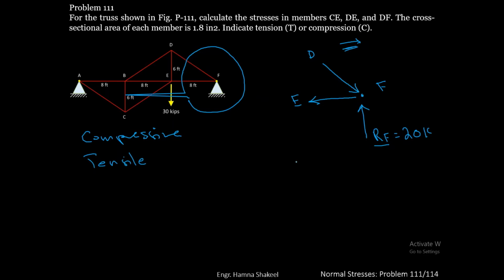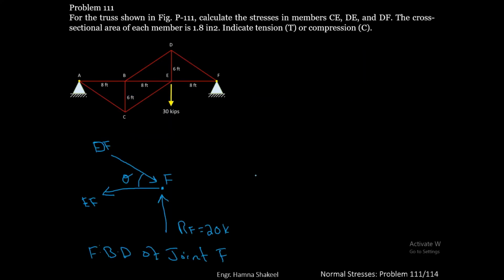So right now my guess is that the force in DF is compressive because it is towards the joint, and the force EF is tensile because this is away from the joint. Now we have free body diagram of joint F.